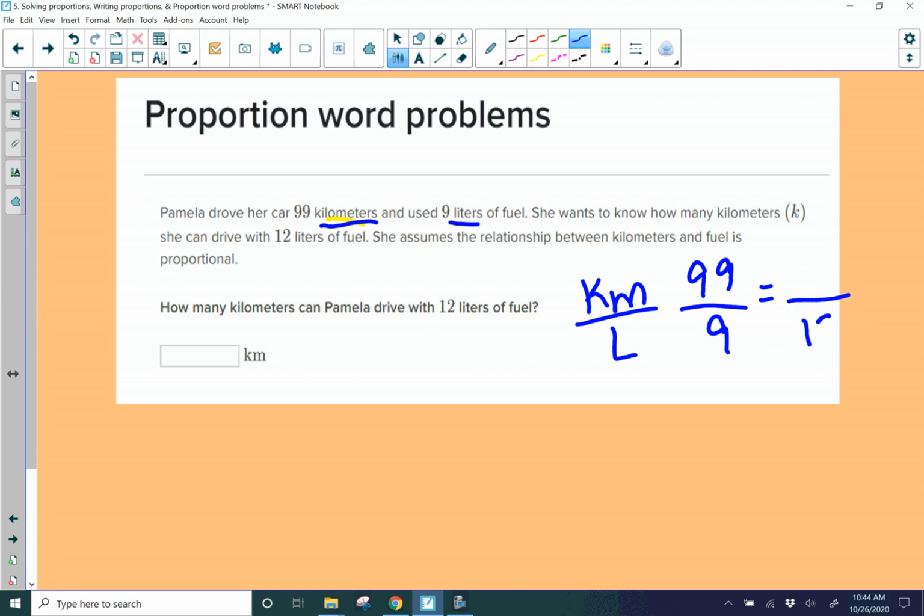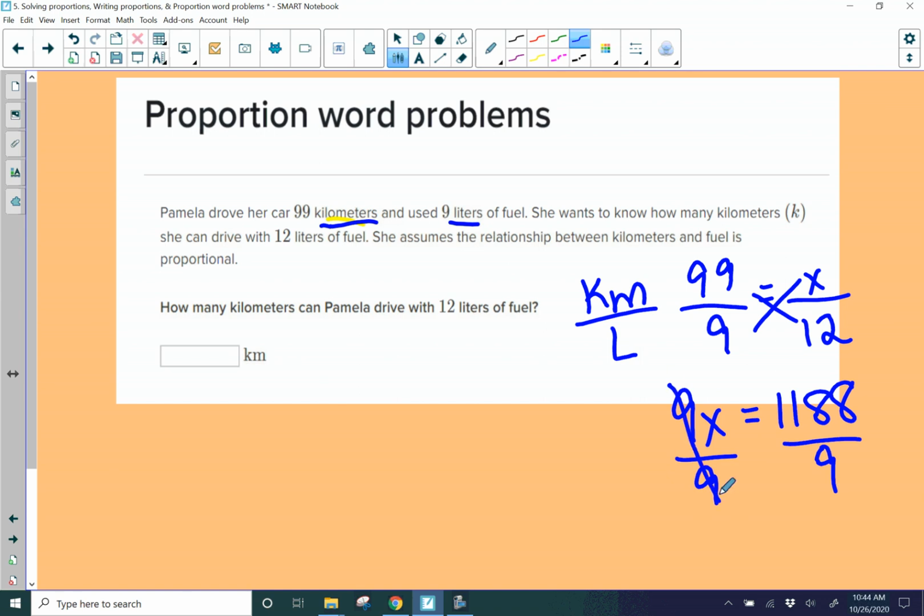Well, liters goes on the bottom and X on top. 9 times X is 9X. And 99 times 12 is 1,188. And then my last step is to divide through by 9. And that leaves us with 132 kilometers. So that would be the answer.